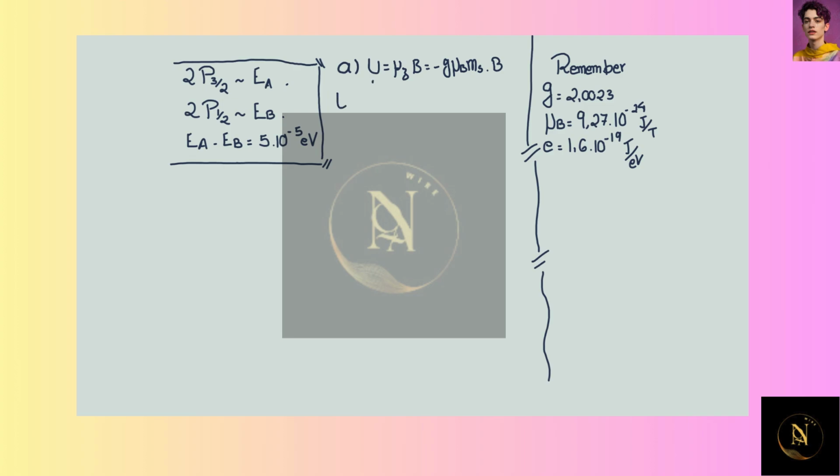So we have EA minus EB being equal to minus g mu B times B times MS A minus MS B. Then we can solve for B to get B is equal to EA minus EB divided by g times mu B times MSA minus MSB.